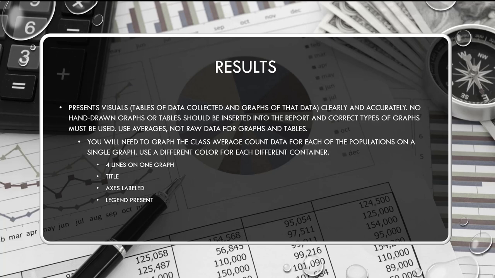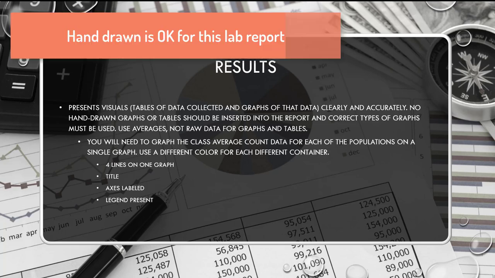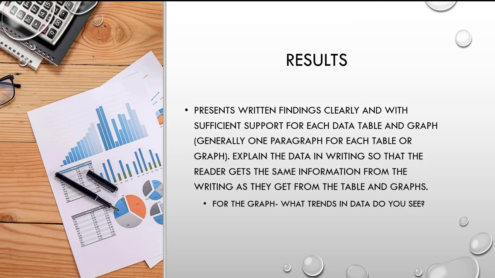Hand-drawn is just fine, just like you did for the graphical hypothesis. And in addition to your actual graph, you'll need a written findings paragraph that clearly talks about what the graph is representing. Describe what trends and data you see.